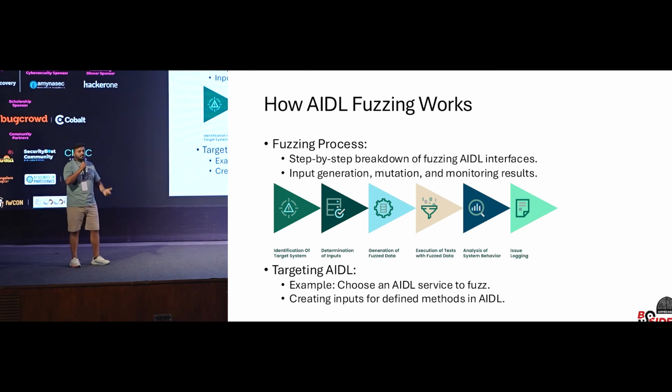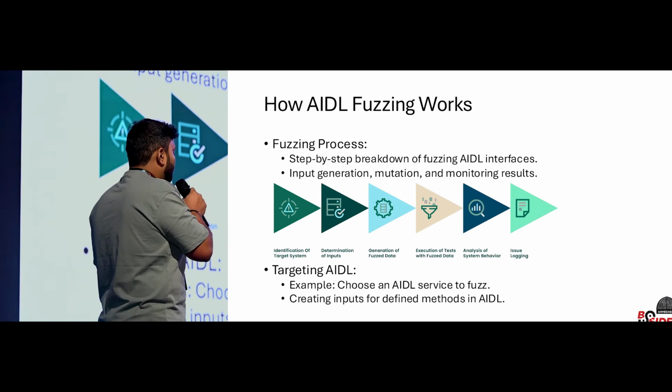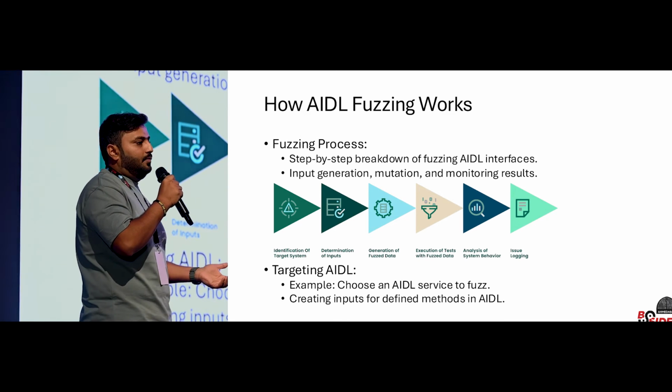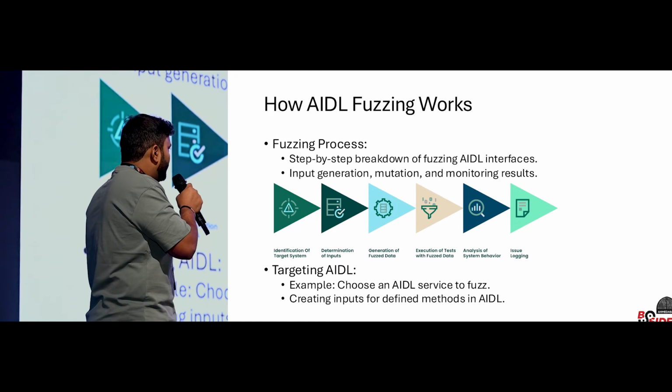So as any fuzzing process works, if any one of you has done binary fuzzing, you would be pretty familiar with how it is done. So we start with identification of the target, then determining the inputs, of course, then generating the fuzzing data, execution of the fuzz test cases, and then analysis of what happened when the first input was sent to the target of evaluation.